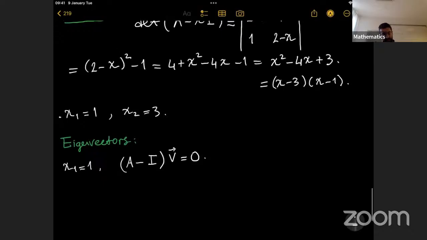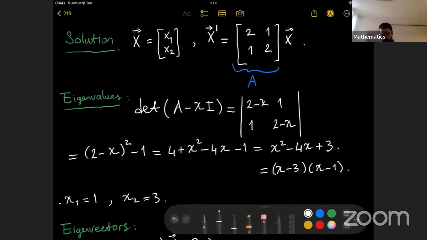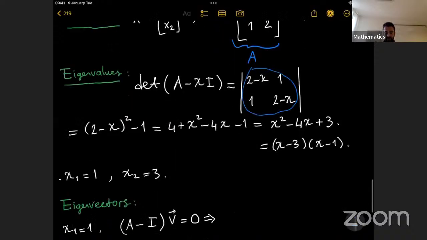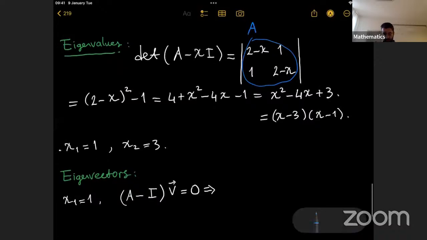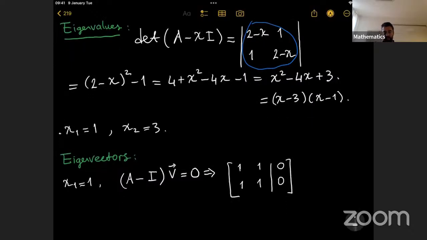What is A minus I? In this matrix, you put lambda equal to 1, and it becomes 2 minus 1, which is 1, 1, 1, and 1. And it's equal to 0. So you solve this system. This is an easy equation to solve.